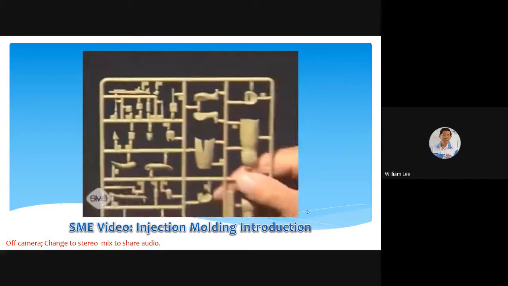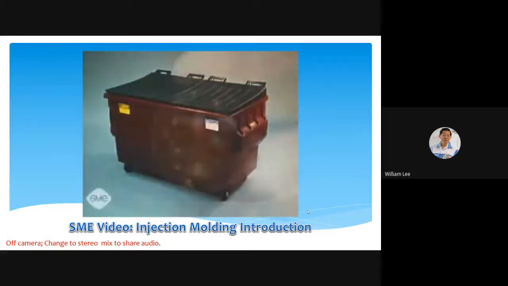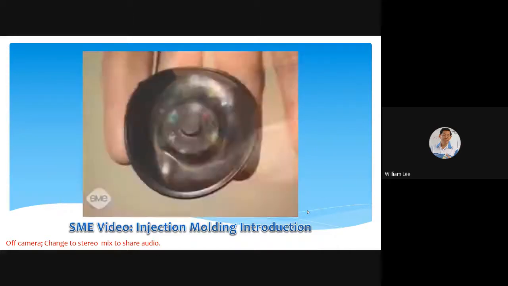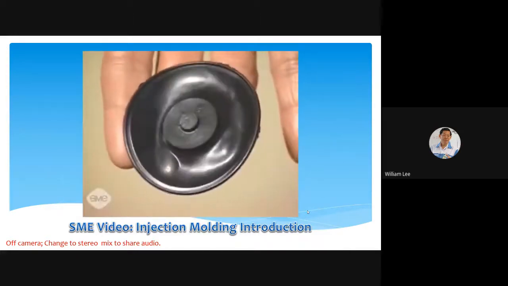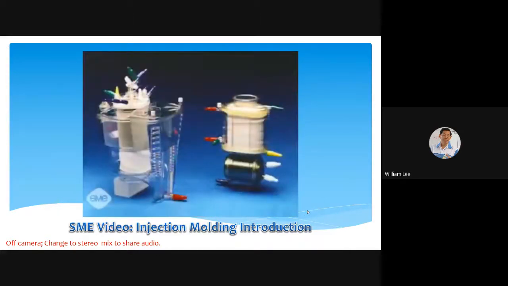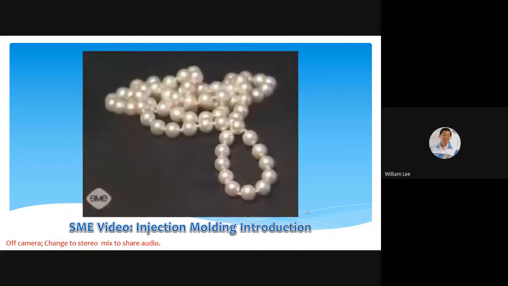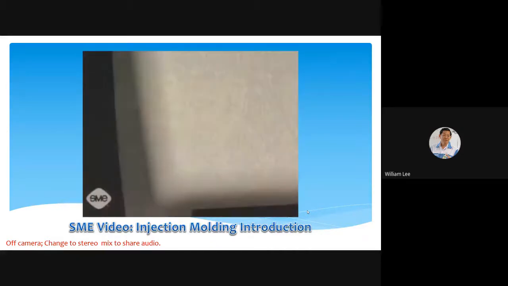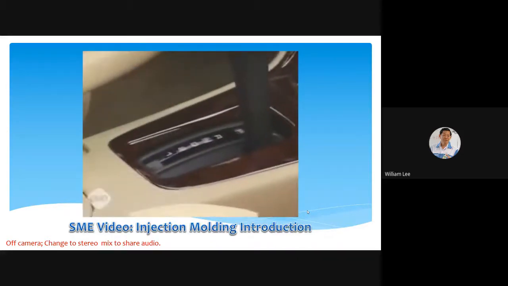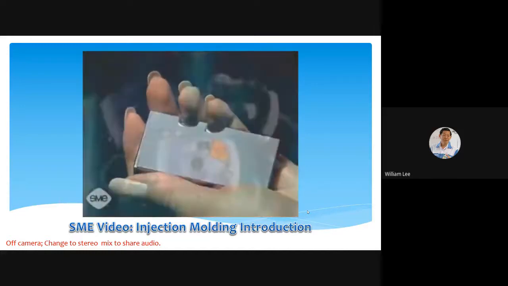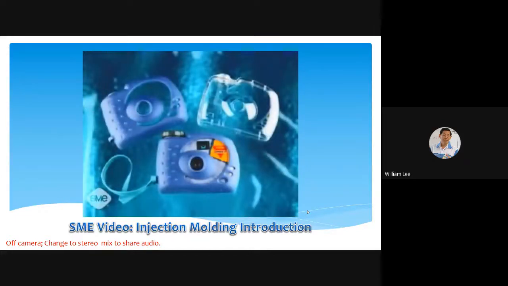They can be small or large, thick or thin, flexible or rigid. Injection molded parts also lend themselves to endless decorative effects. They can be polished, textured, hot stamped, plated, colored, or clear.